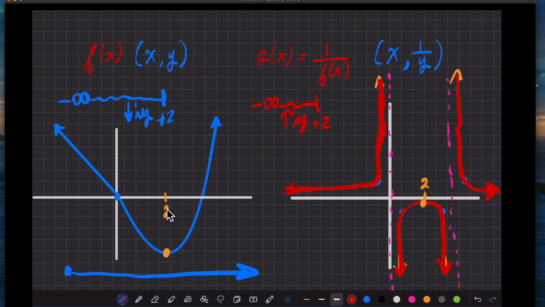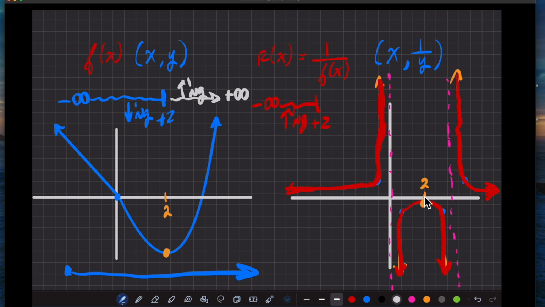Finally, let's look at the interval from positive 2 to positive infinity on the original graph. We get on the graph here at x equals positive 2. We head to the right. As we head to the right, what are our y values doing? They are increasing. So on this segment from positive 2 to positive infinity, the original graph is increasing.